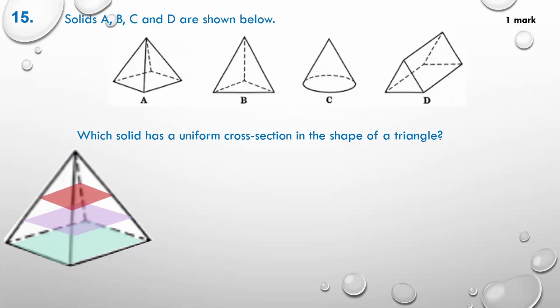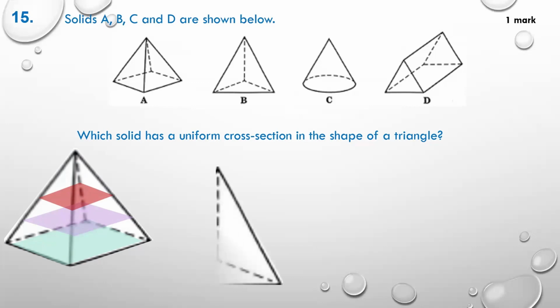So the cross-section, if we cut it, is going to maintain the same shape, the same rectangle, except the size will be changing. So it's not the same size. As such, for this first diagram, it is not uniform, not the same.